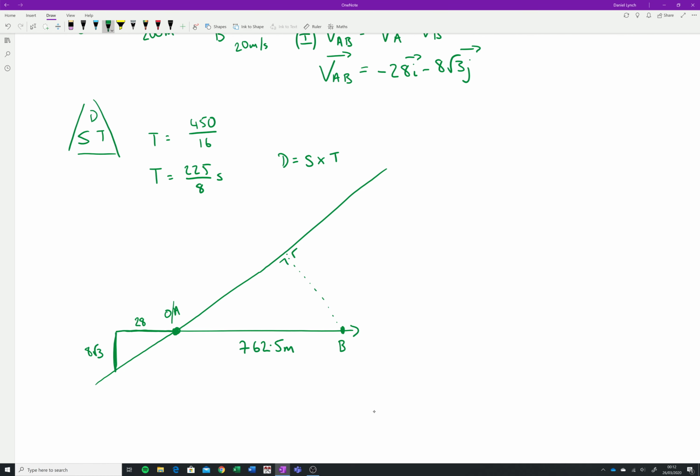How are we going to get that particular distance that it has to travel? It's not asking us for the distance itself, which will be that particular value there. It's asking us the time at which they're going to be nearest to each other. So we actually need to find this distance here, from there to there.